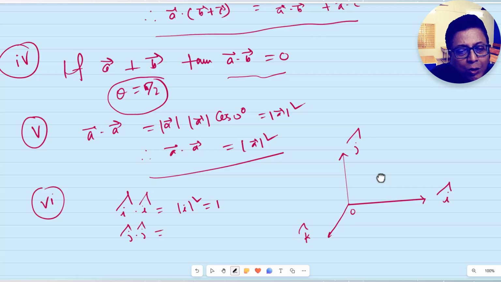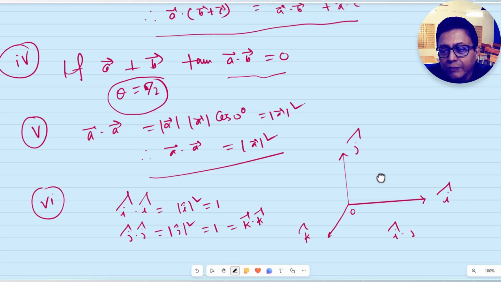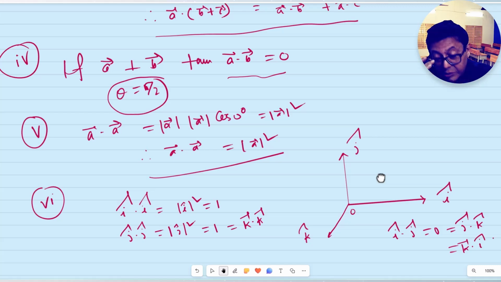What about j dot j? Mod j squared. This is 1. And k dot k also similarly 1. But if we take i dot j, result 0. j dot k 0. k dot i is also 0.